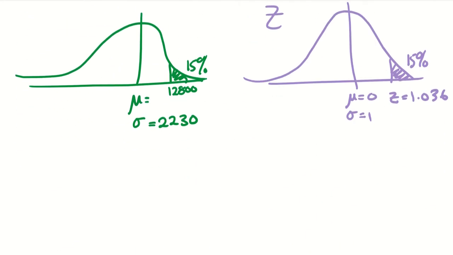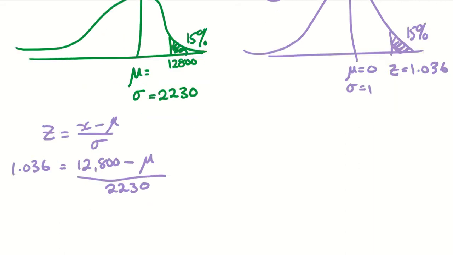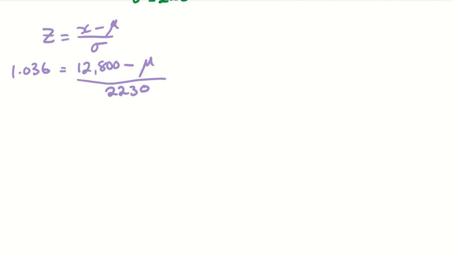Now what I need to do differently is my rearranging and substituting into the formula. So the Z value, 1.036, the X value it's equivalent to is 12,800 minus the mean. I do not know the mean now, but I'm going to assume my standard deviation is 2,230. So this is what I'm now going to solve.